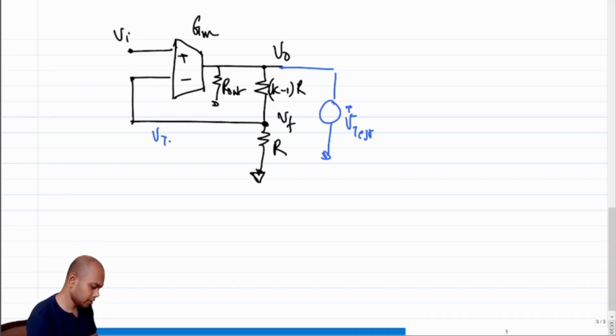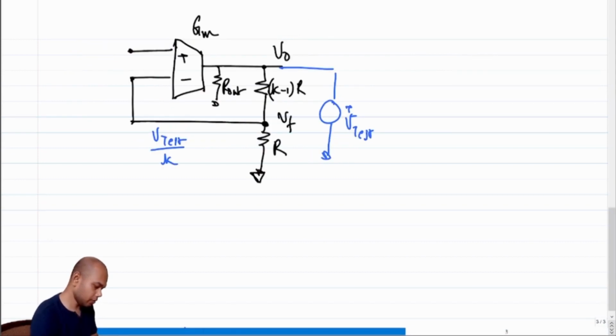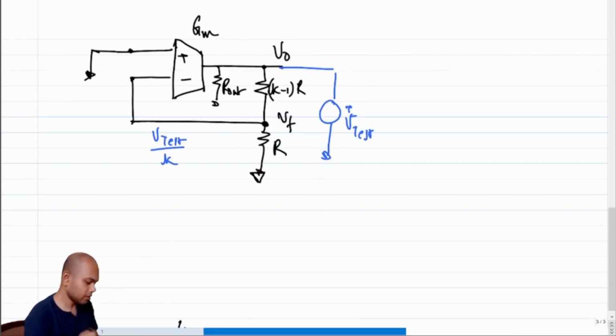That is V test over K. By the way, we have to short the input because we are trying to find out impedance. We have to desensitize all independent voltage sources. So this is V test over K.